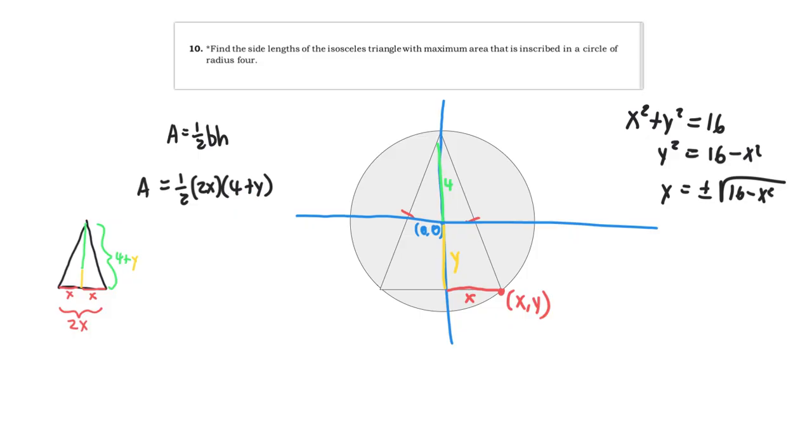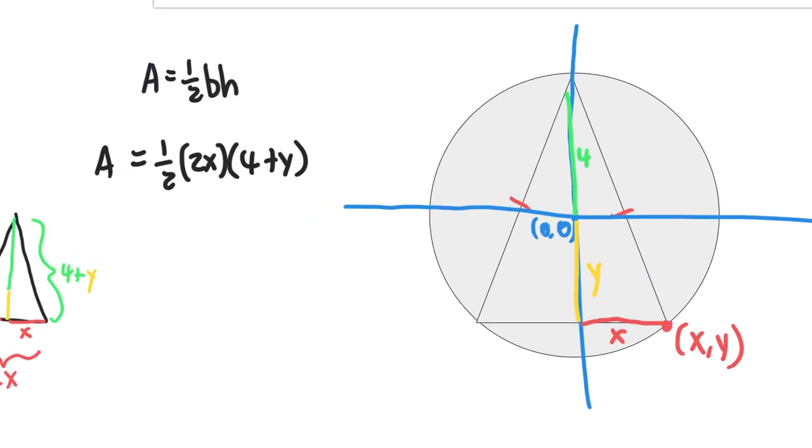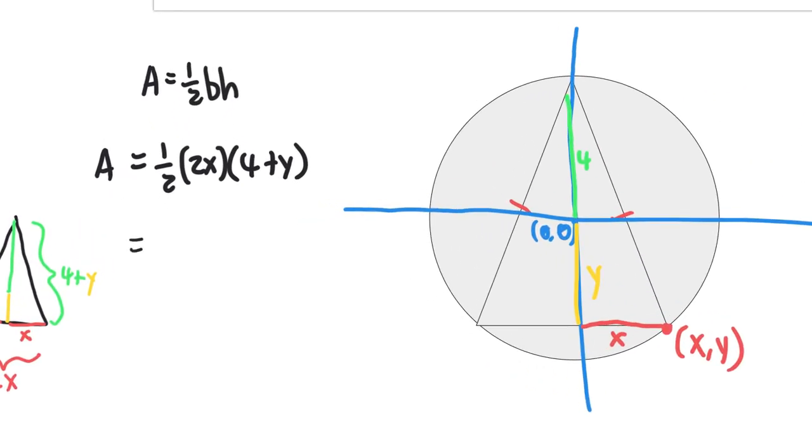But remember, we are taking into account the absolute value of y, right? That's kind of what I said before. We're taking whatever this distance is, we might as well be taking the absolute value of that distance. So we want the absolute value of this. So that means we will be getting a positive out of that. So what that means is this ends up becoming 1 half times 2x times 4 plus radical 16 minus x squared.